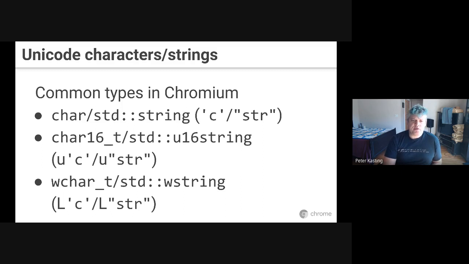wchar_t and std::wstring. These are obviously declared with L, because L stands for wide. And you use these primarily on Windows. The reason you don't use these on other platforms is basically because on Windows, wide strings are 16-bit, and on other platforms, wide strings are 32-bit.